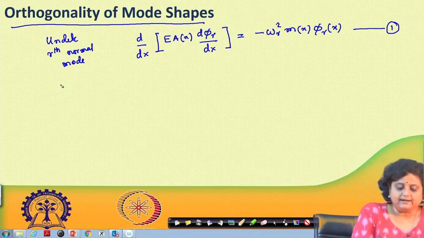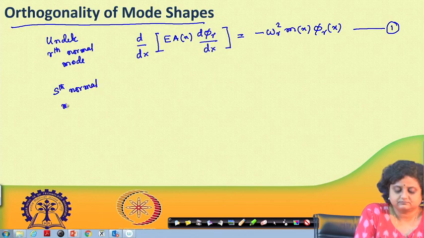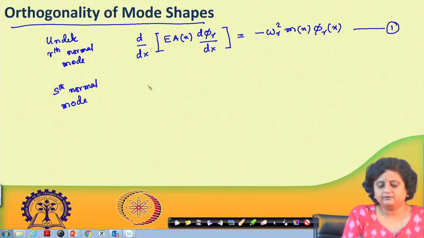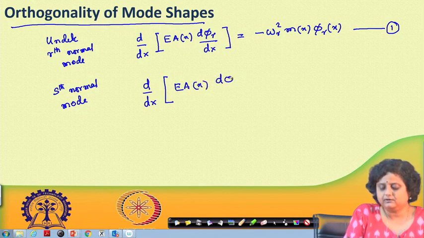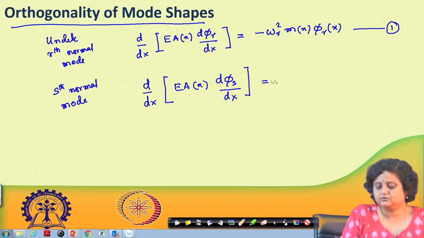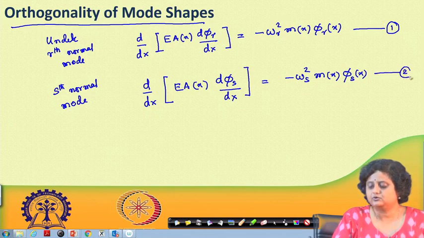Now, let us write for the sth normal mode. So, if we write for the sth normal mode, we will have d dx into E A x d phi s by dx is minus omega s square m x. This is equation 2.